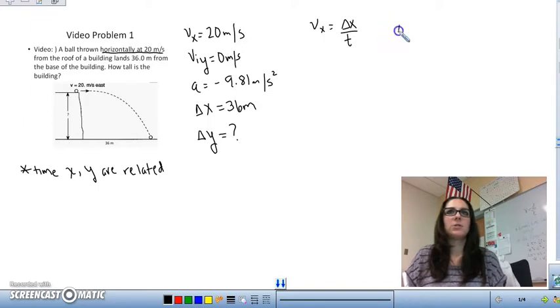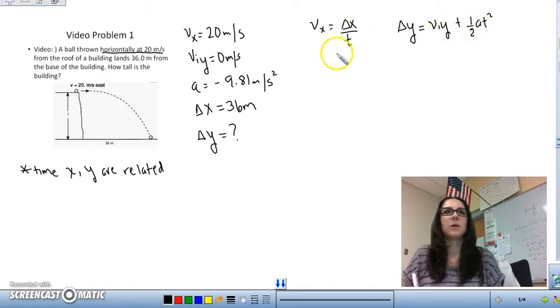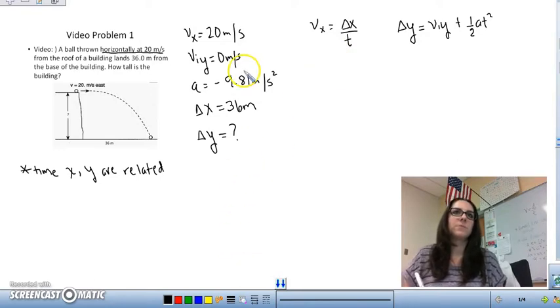Let's just choose initially that I want to use this equation for delta y. I like this equation for delta y because it does have a time component which we can relate to each other. So if you notice what I have here, I have delta x, which is this one, and I have vx, which means I can solve this one for time, and that says how long it takes to go this 36 meters.